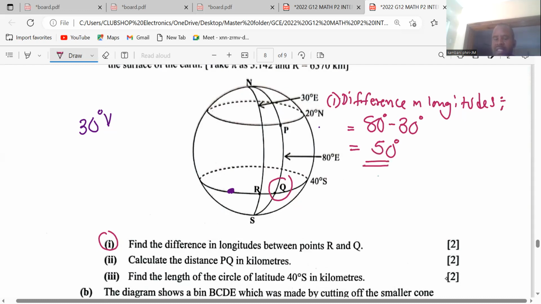That is the difference in longitudes between these points. All right, good.